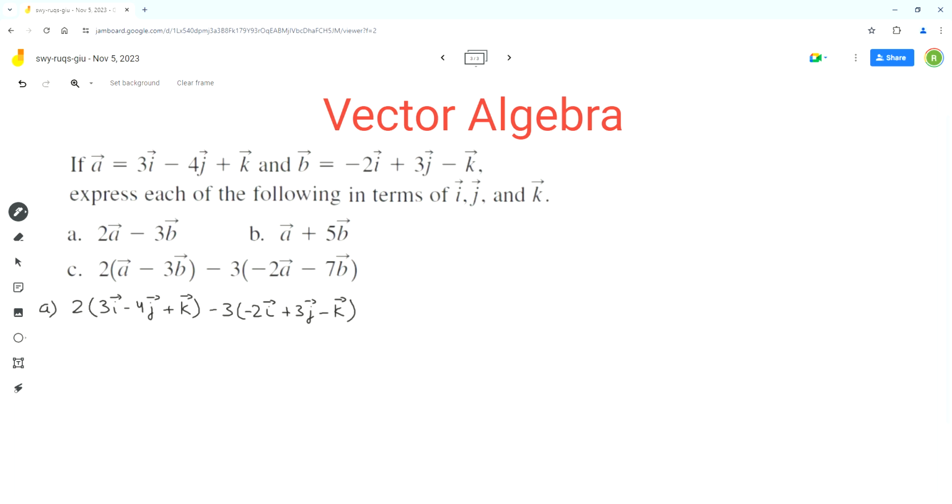So this is the first step after subbing in the vectors A and B. Now we have to simplify this expression. So we'll do the scalar multiplication. So we'll multiply each vector by the scalar outside the parentheses. So we'll distribute the 2 and multiply each component in the parentheses by 2. We'll do the same thing for negative 3.